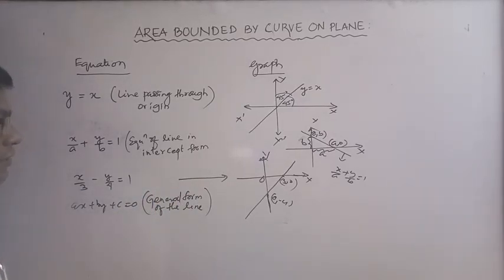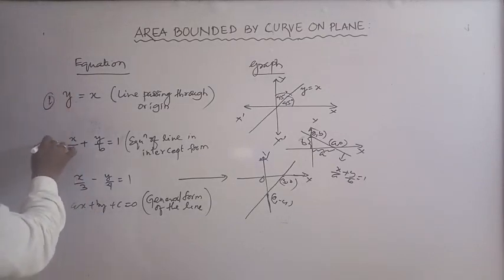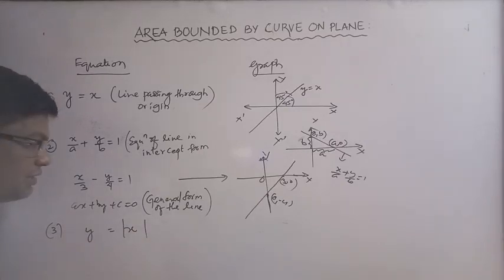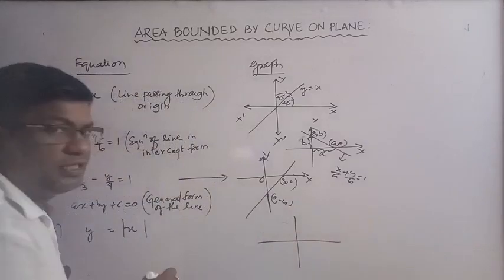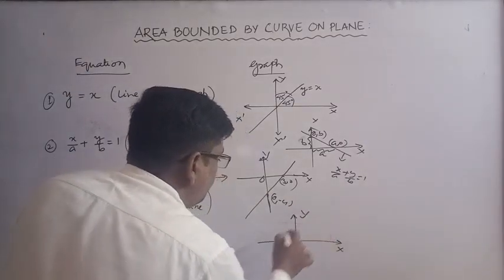Now the equation of a circle. First, what is the graph of y is equal to mod x? Its graph is a V shape. This is x, this is y.